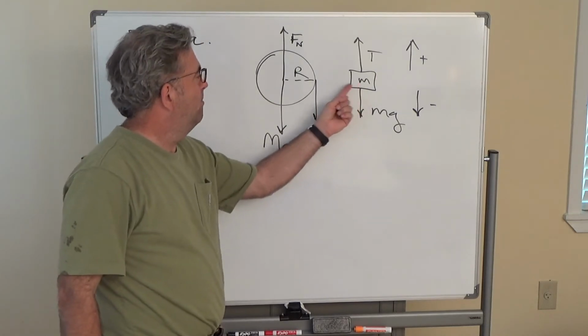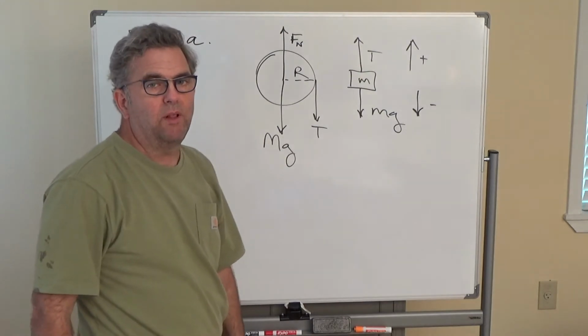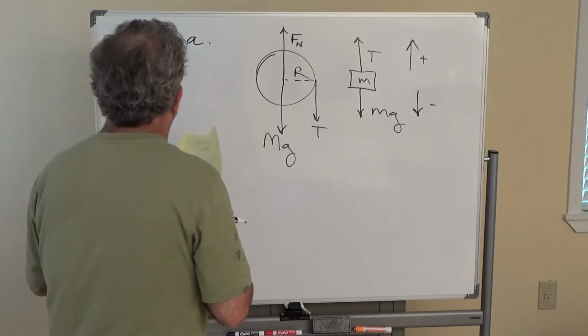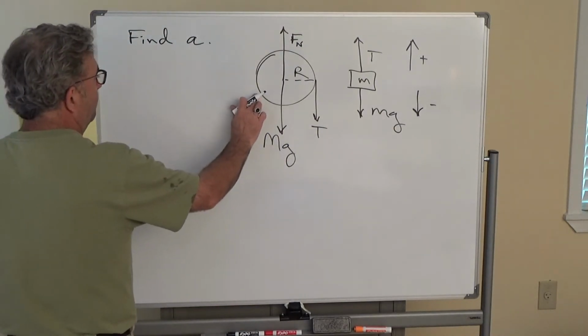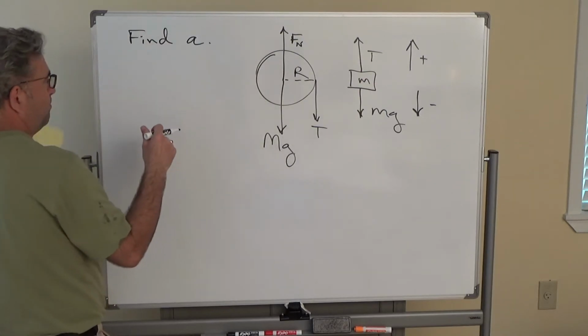If this is a big mass and a really lightweight pulley, it's going to fall really fast. So the first thing I'm going to do is set up the equations for the rotation.